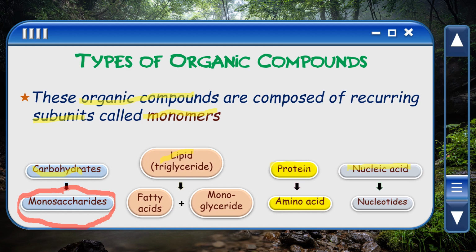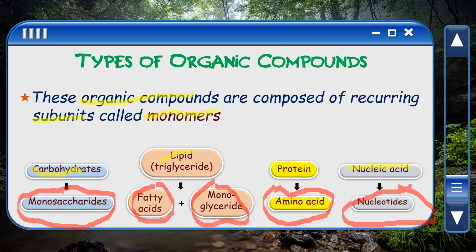Then the subunits that form the lipids are the fatty acids and the glycerols. Then the reoccurring subunits of amino acids are the ones that form up what we call the proteins. And the subunits, which are the nucleotides, are the ones that are going to form our nucleic acids. And these ones we refer to as the monomers.